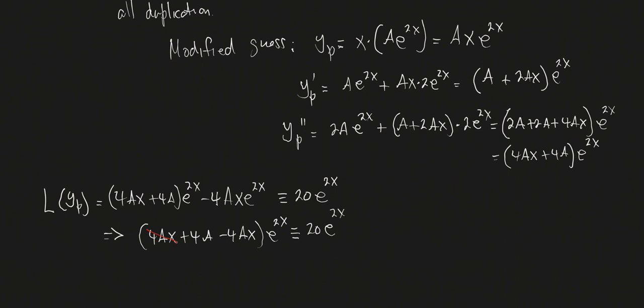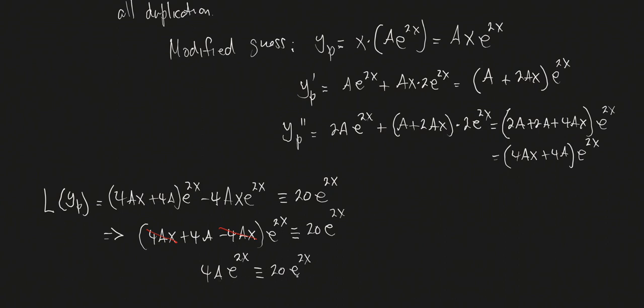Because I have 4ax minus 4ax, and that leaves me with a really simple way of solving for a, because on the left hand side I have 4a e to the 2x. So this is the general form of what the operator will do to this type of input, and then I want it to be this specific output.